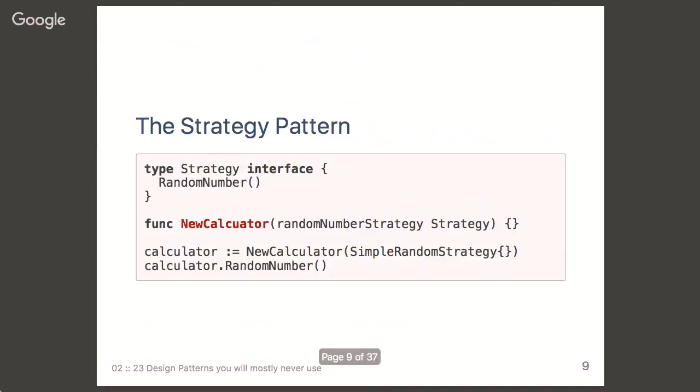If you have a look at how a classic strategy pattern works, it's quite simple in that a class or an object would expect a strategy at instantiation time, and then when it comes to performing an action, it doesn't actually know what that strategy is. It just knows how to execute it.